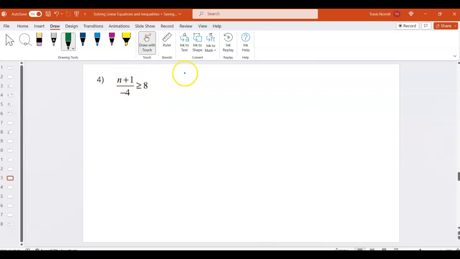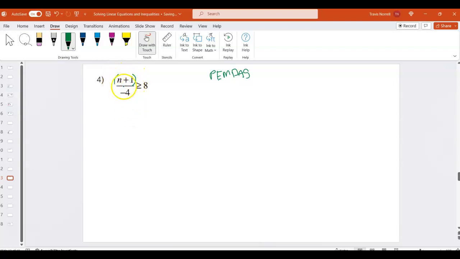Okay, now we're getting to a few more operations. So let's write out our PEMDAS. Now, I don't actually see any parentheses here, but if there is an operation in the numerator, then there's like an invisible set of parentheses.